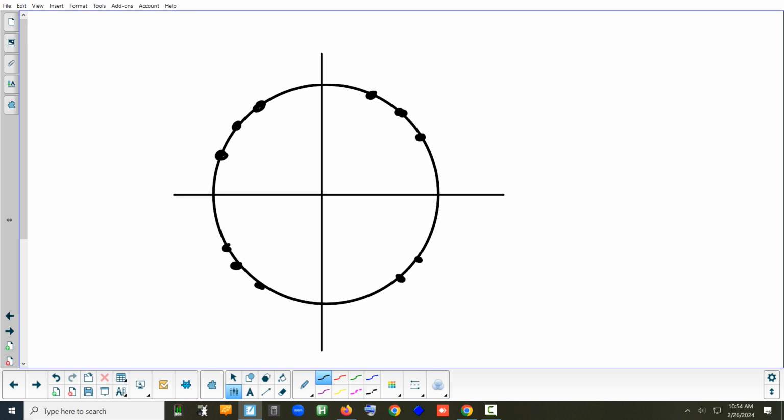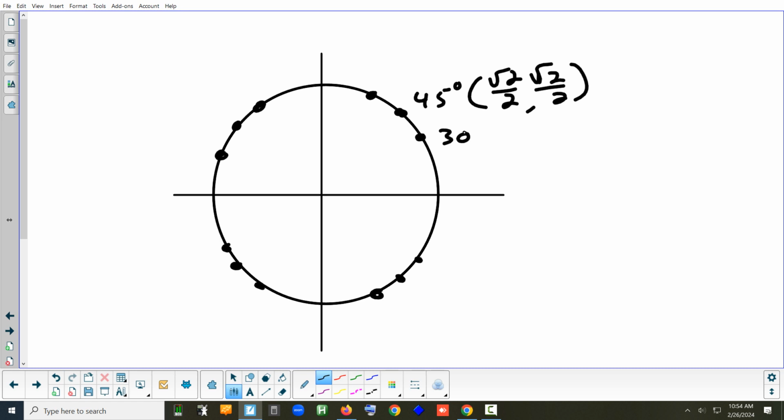When we deal with a 45-90 triangle, what's the coordinate for 45 degrees? That's going to be important to remember. Okay, so that's the coordinate for 45.